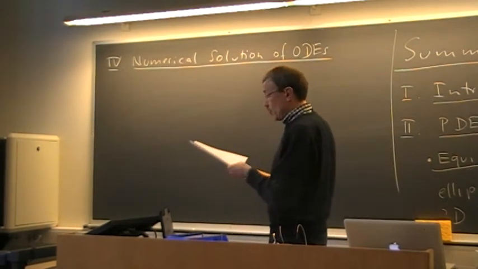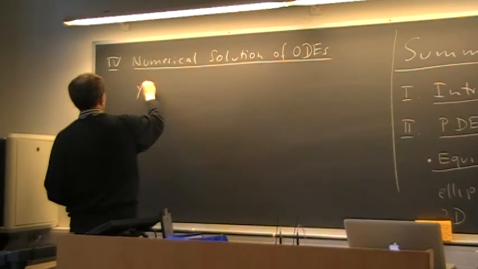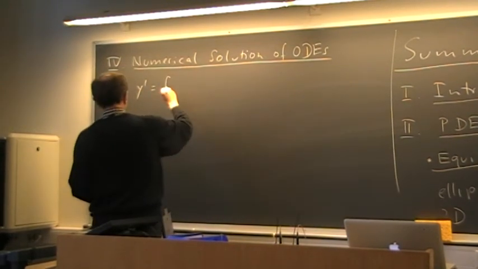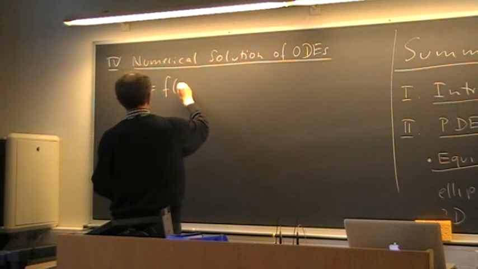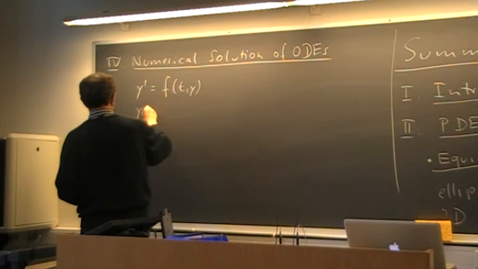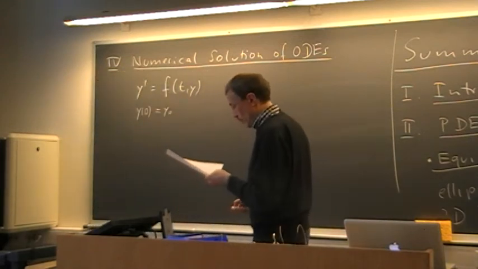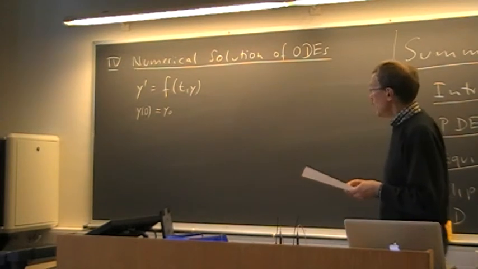There we have looked at initial value problems for ODEs: y prime is equal to our function f of t, y, with the initial condition y of 0 is y0. So that's an initial value problem for an ODE.